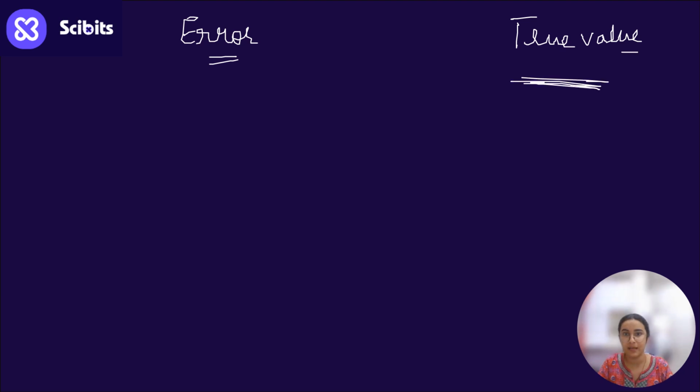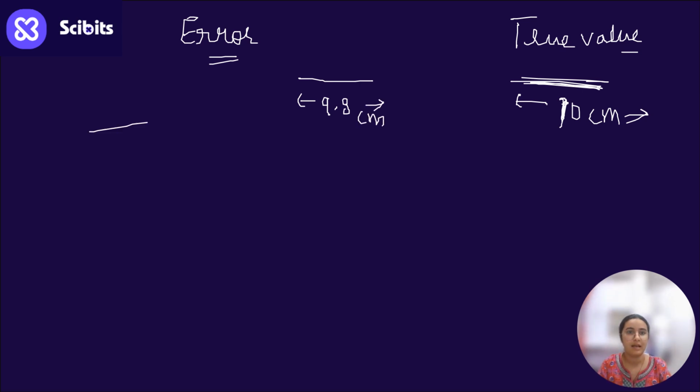Say there is a pen and the company says this pen is 10 centimeter, I'm randomly choosing a pen of 10 centimeter. You brought that pen and measured it, and one of your friends measured it and it came out to be 9.8 centimeter, and somebody else measured it and it came out to be 9, and somebody else measured it was 10.1 centimeter, right?